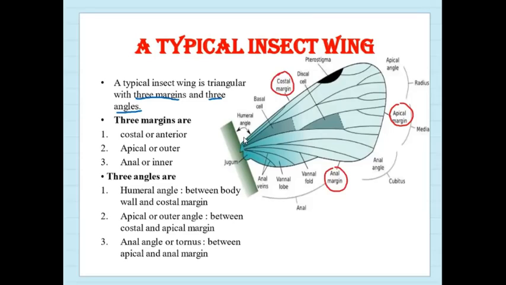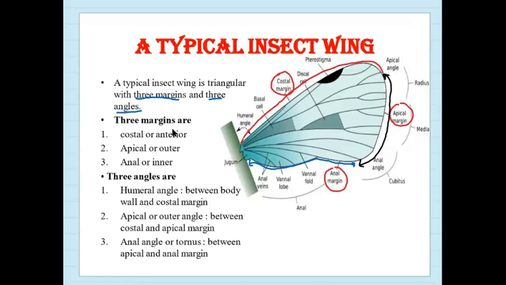If we make the differentiation, the apical margin or outer margin is here, and the anal margin is this part, you can underline this part.